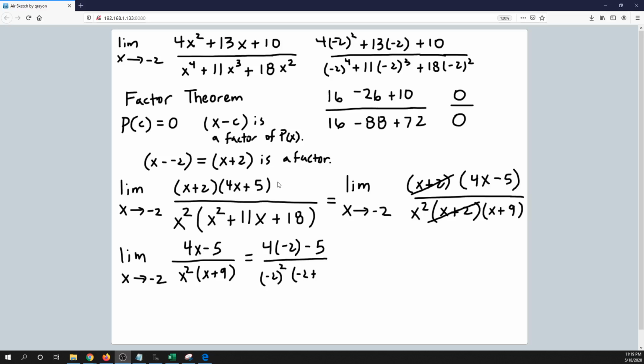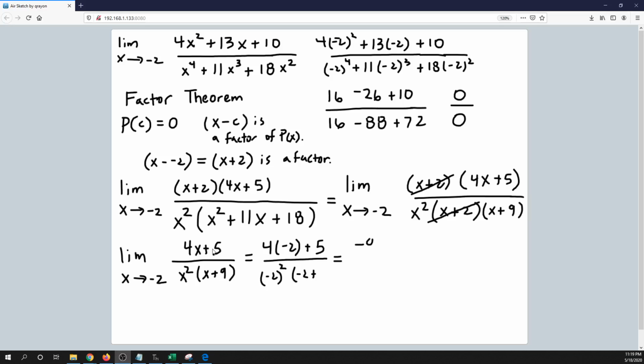When I copied this over, I accidentally made it a minus instead of a plus. So I need to change that here and here. Right, when I wrote it over here, I accidentally made that a minus. So that should be a plus, right? This should be a plus right here. Okay. All right. That looks better.